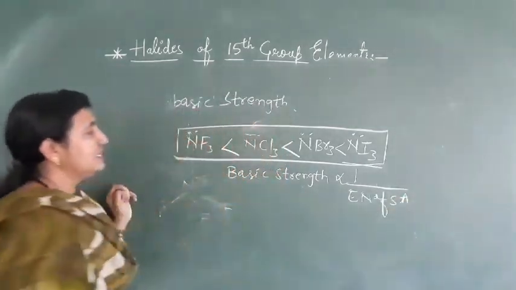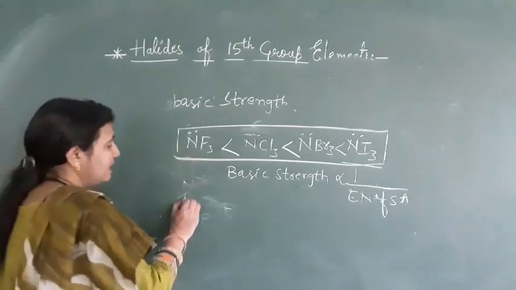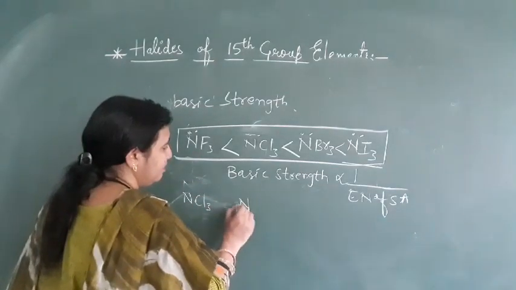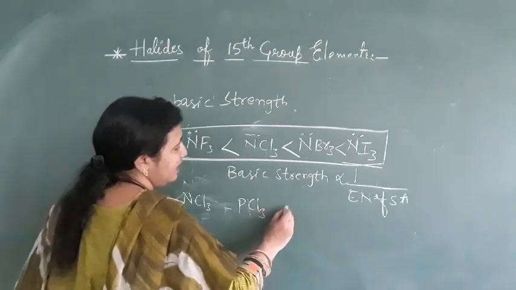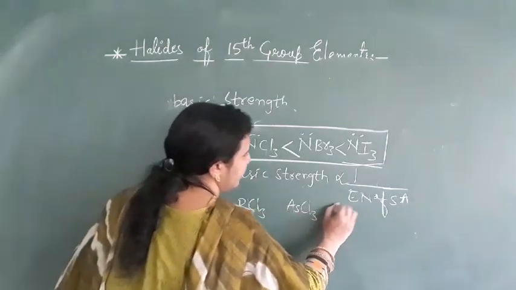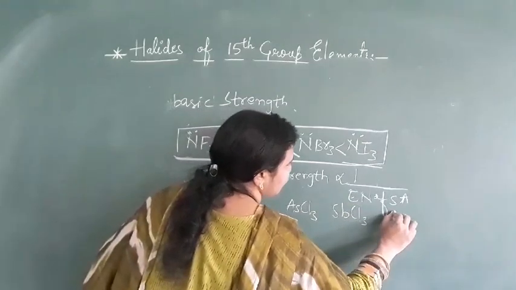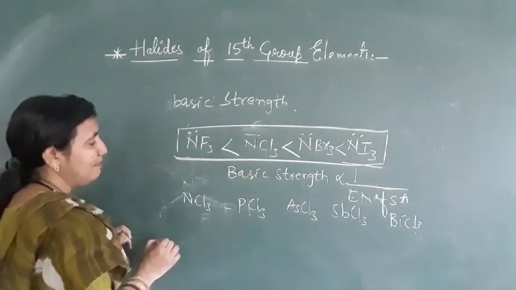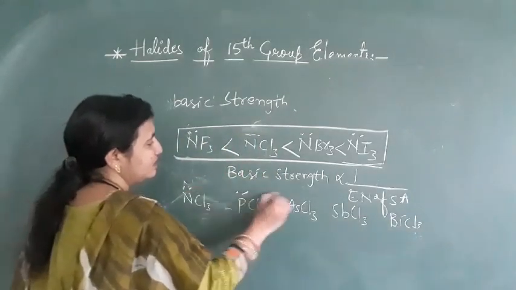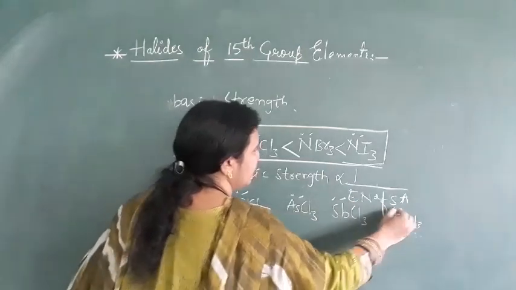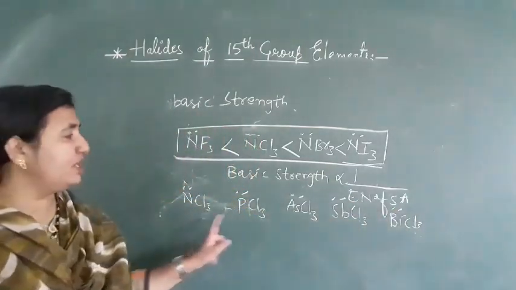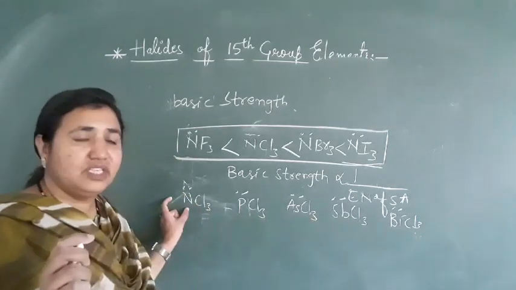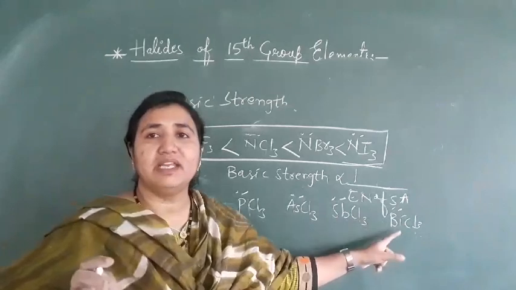Now if we compare the basic strength across the group, we have NCl3, PCl3, AsCl3, SbCl3, and last BiCl3. Here we have the same halogen, chlorine, chlorine, chlorine only. What changes here is the central atom: nitrogen, phosphorus, arsenic, antimony and bismuth.